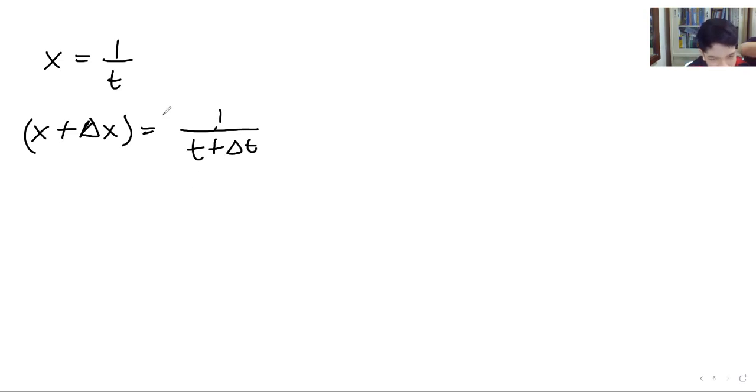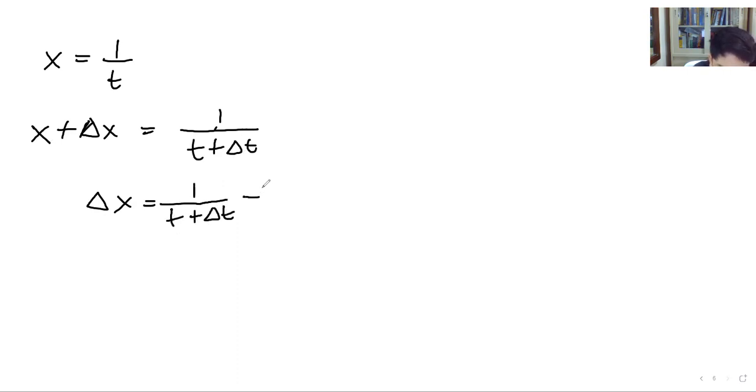We can remove the parentheses now since they serve no purpose. We don't have to expand it. So instead I'll just subtract x from both sides, and we substitute 1 over t for x.